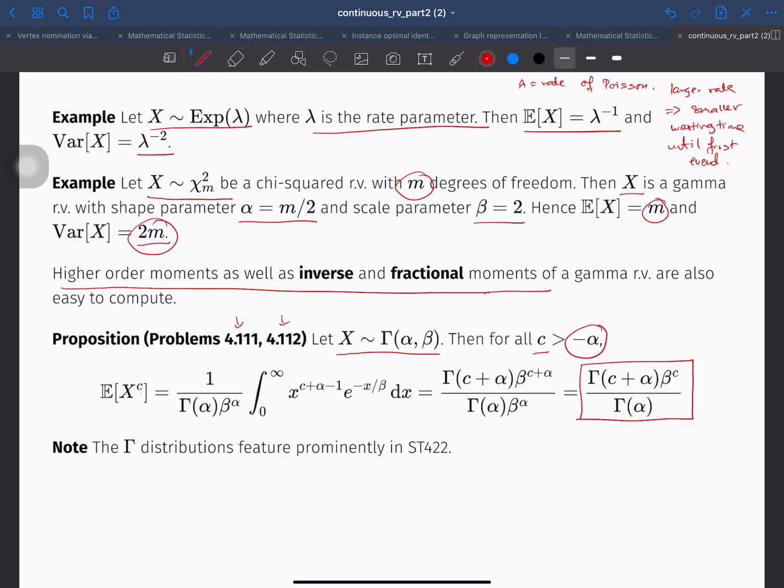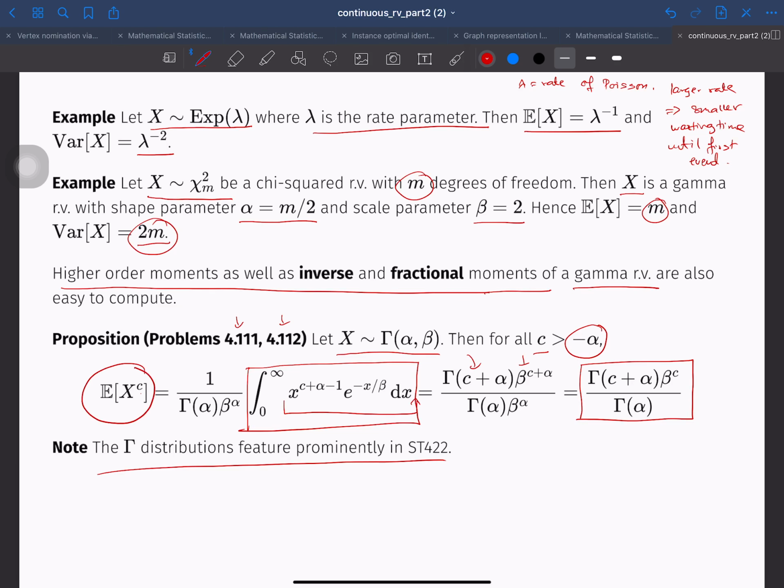And the key point is once again that this integral is nothing more than this term here, and so you could simplify it out. As we said, the gamma distribution features prominently in your follow-up class on statistics. So in summary, for the gamma random variable, you can compute any of these fractional or inverse moments.